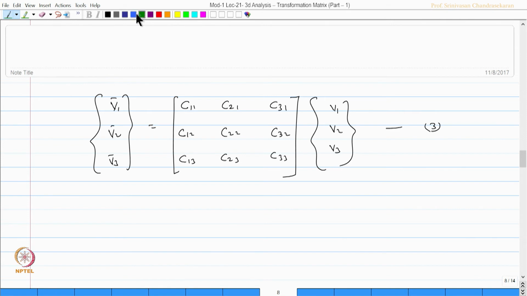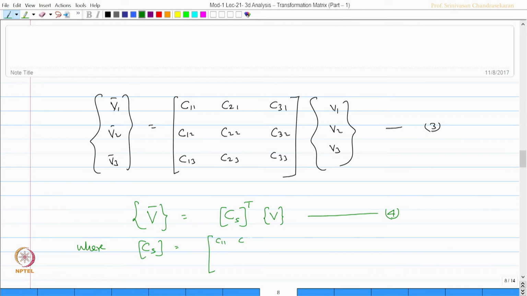I can now write a comprehensive equation of this as saying V bar is expressed as C S transpose of that of V, where C S matrix refers to C 1 1, C 1 2, C 1 3, C 2 1, 2 2, 2 3, 3 1, 3 2, 3 3.